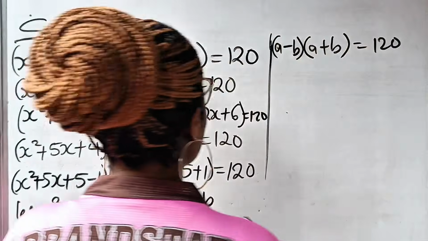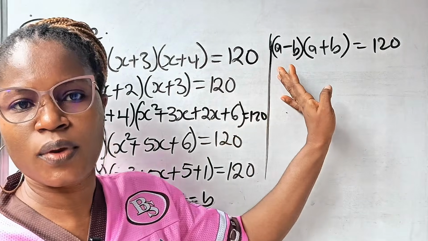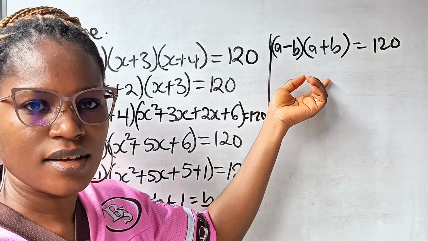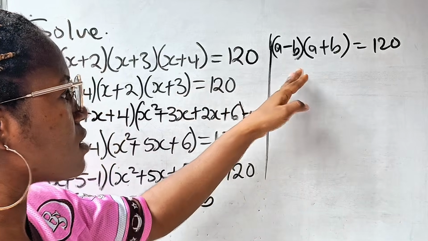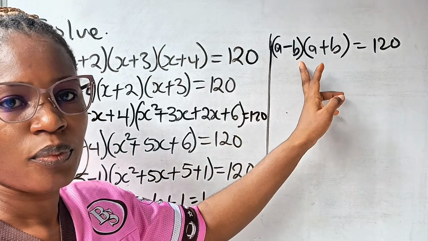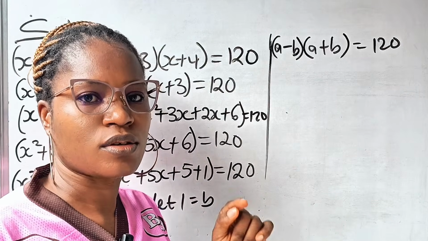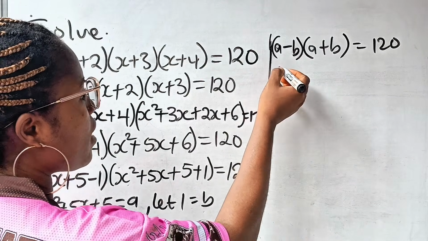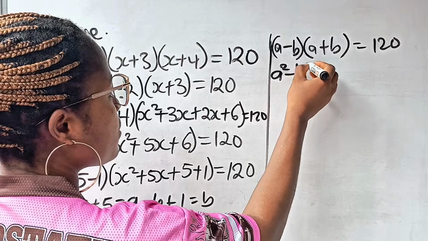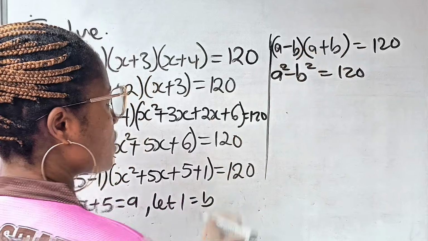Now, if you look at this, you will notice that we have an algebra identity here, which states that A minus B multiplied by A plus B is equal to A squared minus B squared. Therefore, we can write this as A squared minus B squared is equal to 120.